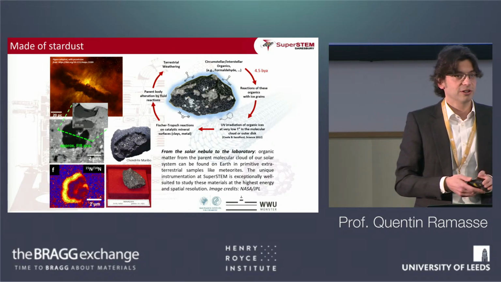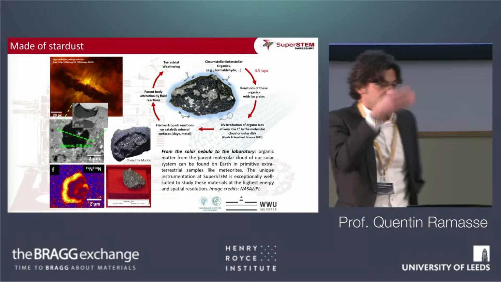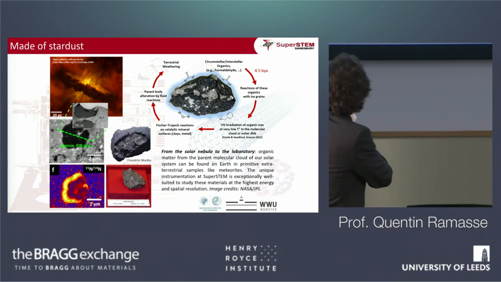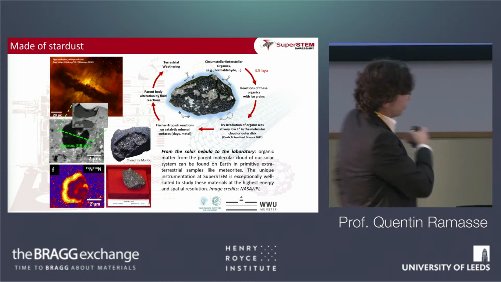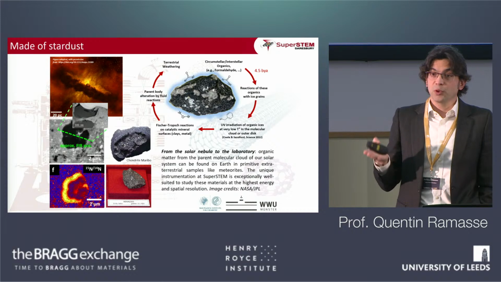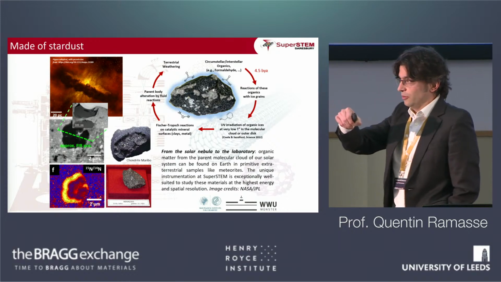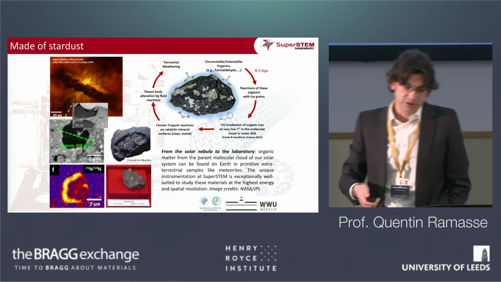So it's always rather exciting to get a piece of rock that looks like this, slice it open, and then find grains that are extremely small that contain carbon, so organic matter, and then try and understand what's happened to those by looking at the chemistry, the functional chemistry, and applying a very small scanning probe going across it.